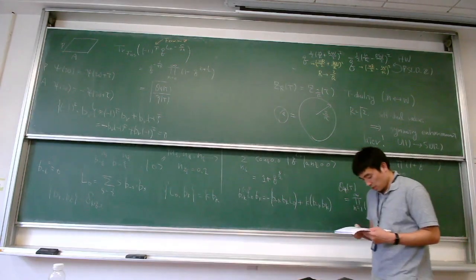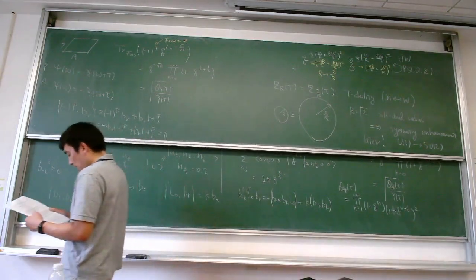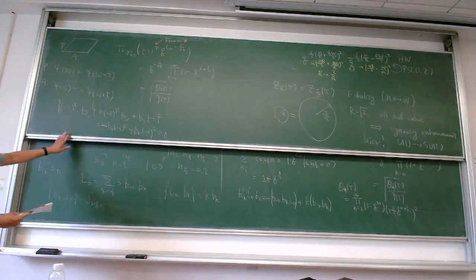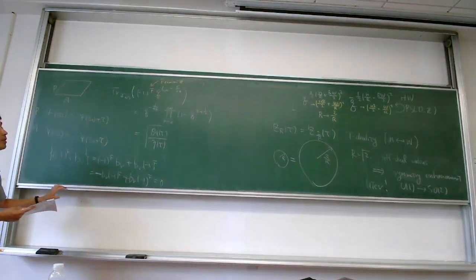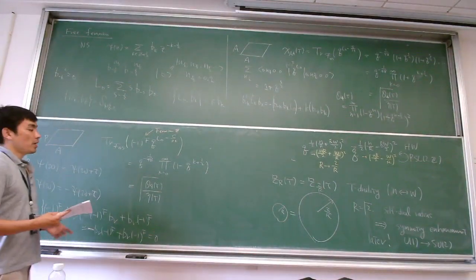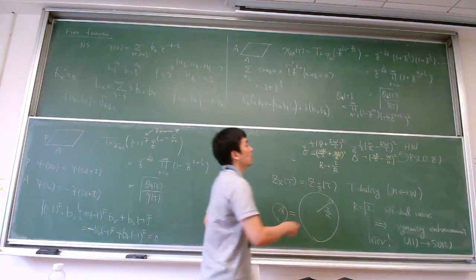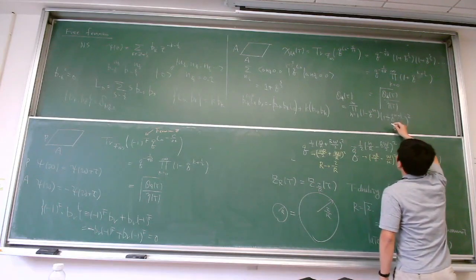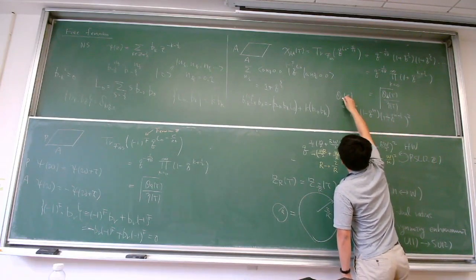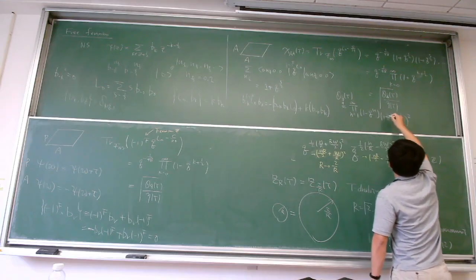Good. Now, as you can easily see, theta 3 is this. Maybe for 3 and 4 it is plus or minus here.